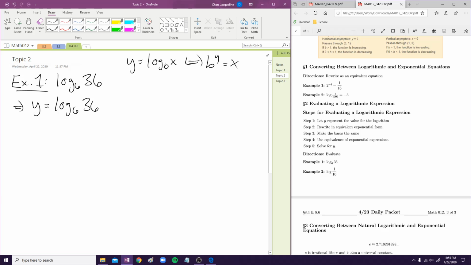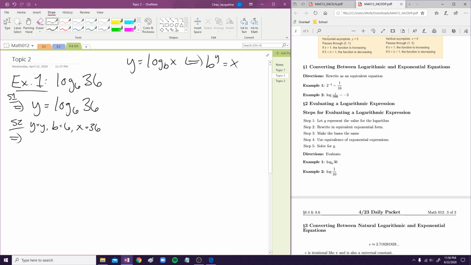All right, step 2, so this is step 1. Step 2, we're going to rewrite this. When I look at this, we can't do anything about it. We're not given a calculator, so we have to solve it. So what is this? If you want, we can still write it: y is y, your base is 6, and x is 36.